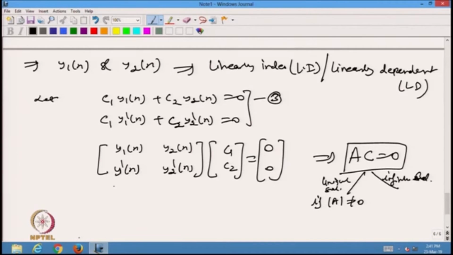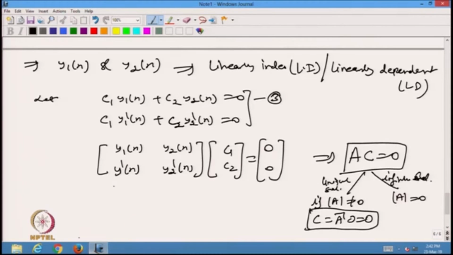If A is non-singular, I can take its inverse, and in that case my C will be A inverse times 0, and that will be 0. So for the unique solution, this is the only trivial solution. We call it the trivial solution, and if the determinant of A is equal to 0, then we may have infinitely many solutions.